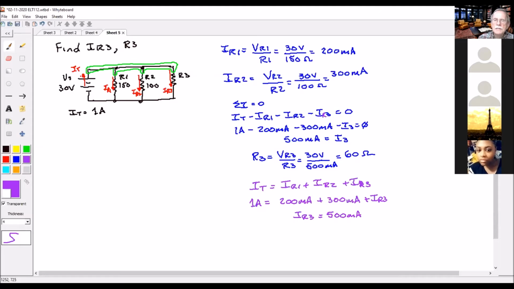So whether I use this approach or this approach, we end up with the same 500 milliamps for I sub R3. So whichever you're more comfortable with is what it boils down to. Questions up to here?